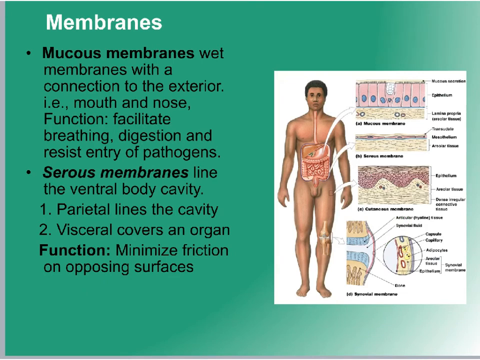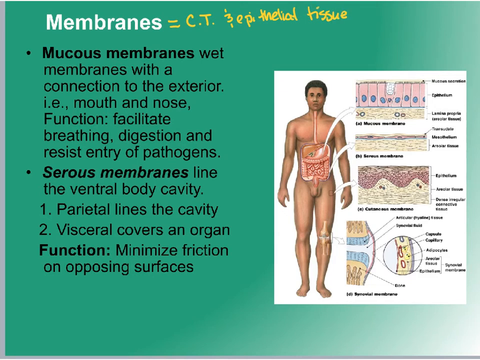And then moving on to just a slightly different topic, wrapping things up here. Let's talk about membranes. A membrane is made up of two types of tissue. A membrane is made of connective tissue and epithelial tissue.